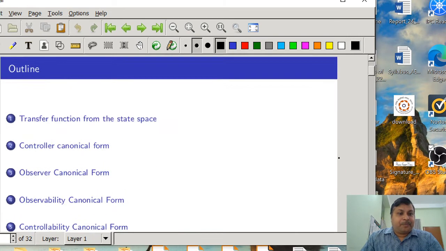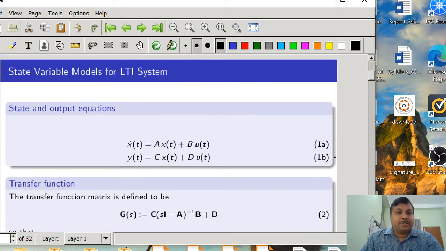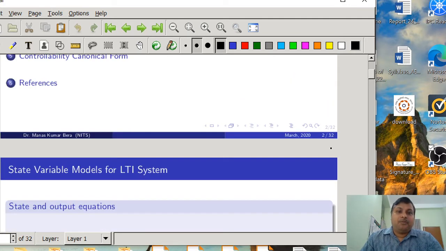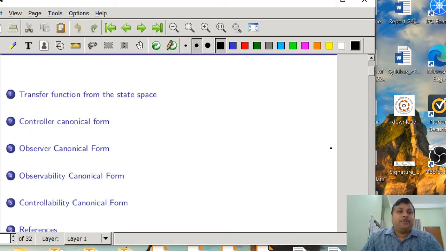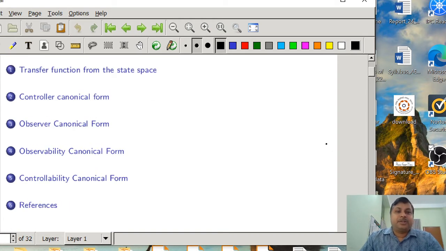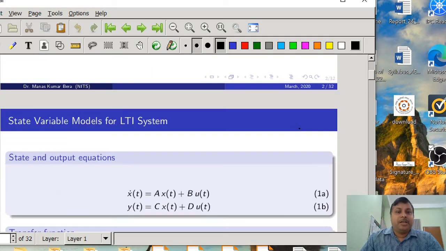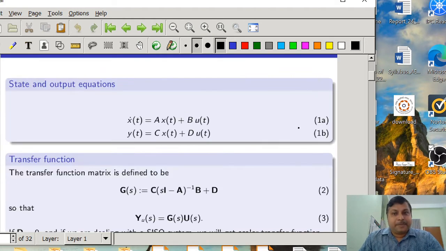So today we are going to discuss that if the transfer function is given, then how we can find out some of the standard representations of state space, because we know that for a given transfer function the state space realization for a given system can vary, meaning we can create an infinite number of realizations.